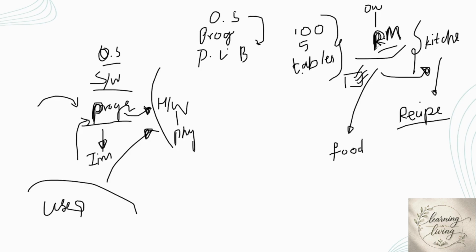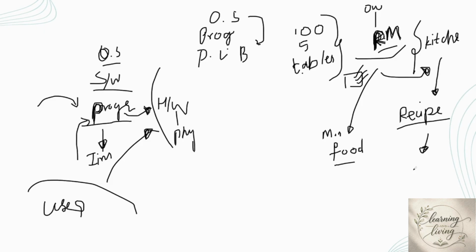Now, what does our restaurant manager collect here? Our restaurant manager collects the menu, that is, he collects the menu and gives it to the kitchen. Similarly, when this recipe is given to the kitchen, this recipe is under execution.